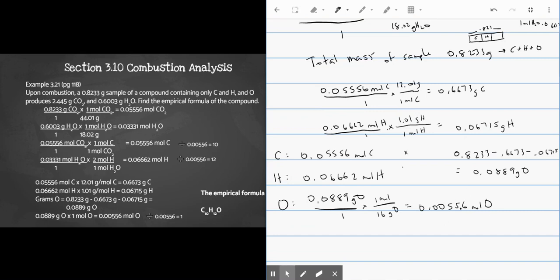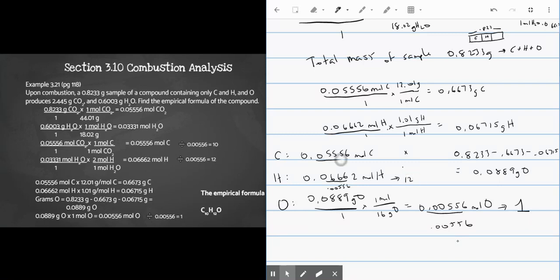Okay, so we are at our last step, divide by small, multiply till whole. This is the smallest number. It's very close to this number, but you can see that it has one more decimal place. So this is the smallest, so let's divide them all by 0.00556. That's going to take us to 1 divided by 0.00556, and that is going to be 12.